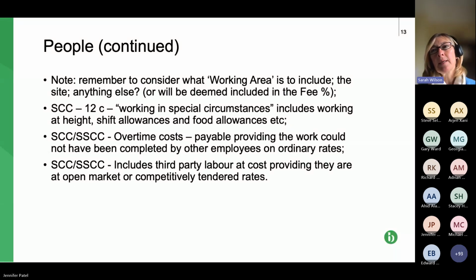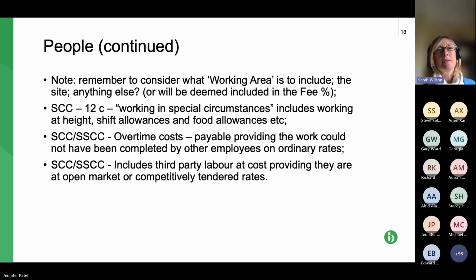If, for example, the working area is just defined as the site, and a farmer's field adjacent to the site is hired, anybody working in that area, potentially you can't claim their cost because it's not within the working area. And if they're working there 80% of the time, their normal place of work isn't within the working area either. So you're going to really struggle to claim any of their costs.